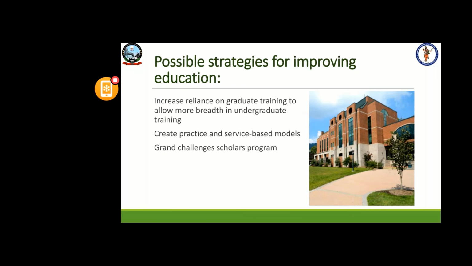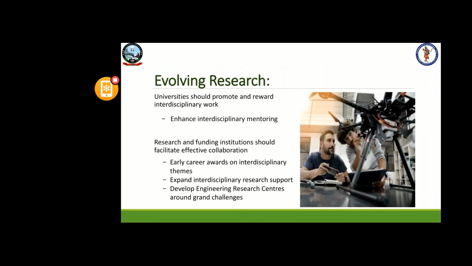The possible strategies for improving education: increase reliance on graduate training to allow more breadth in undergraduate training, create practice and service-based models instead of theoretical. And you can introduce scholar programs in environmental engineering like bachelor engineering. This is the best solution for 21st century problems.